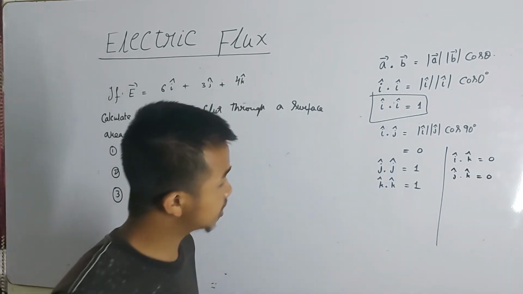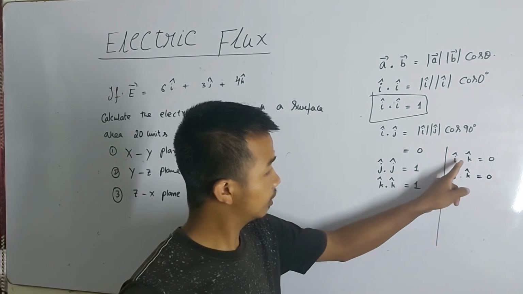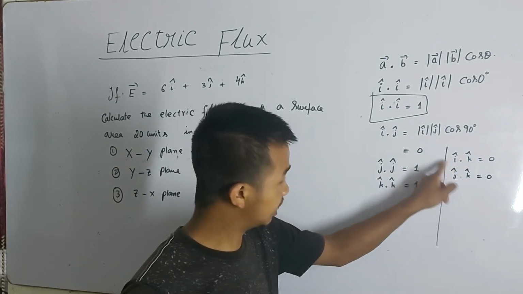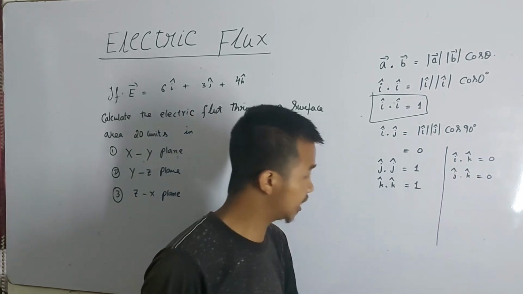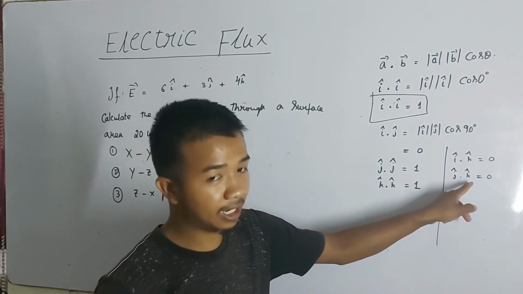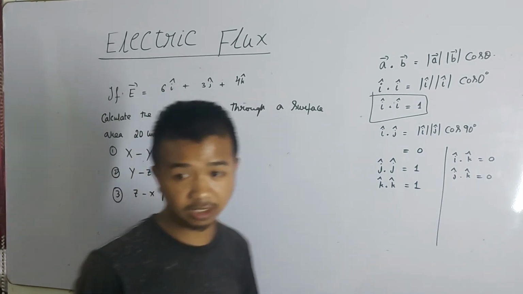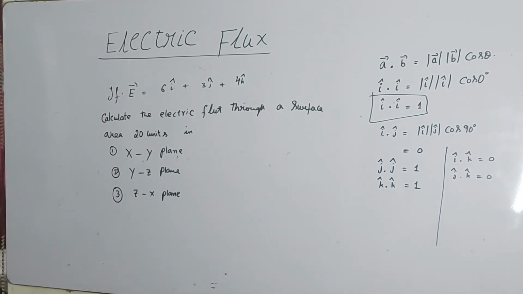Why? Because the angle between the x and z axes is 90 degrees, and the angle between y and z is also 90 degrees. So that is why it becomes 0.